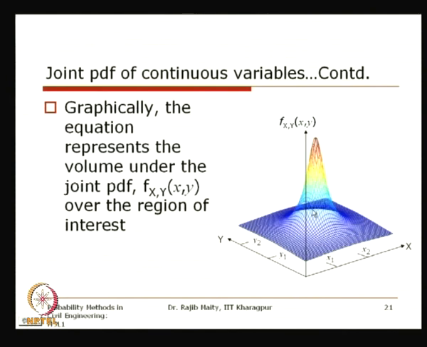Earlier, for the single random variable, we talked about the area below the curve. Now we are talking about the volume below the surface. This gives us the joint probability for the event that x is between x1 and x2, and y is between y1 and y2.